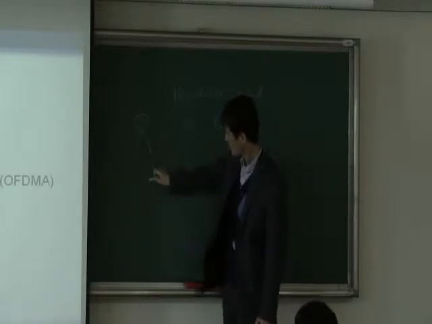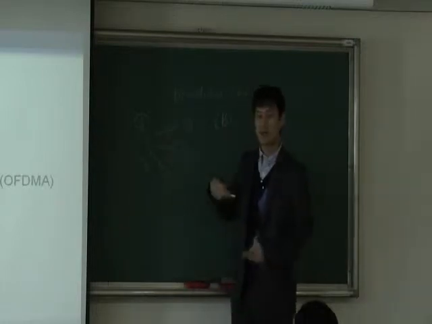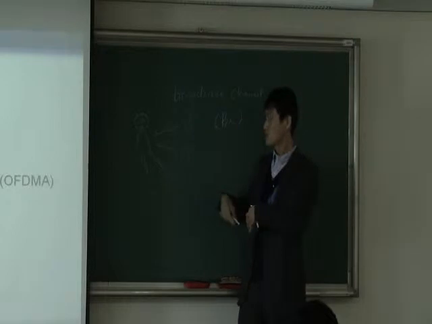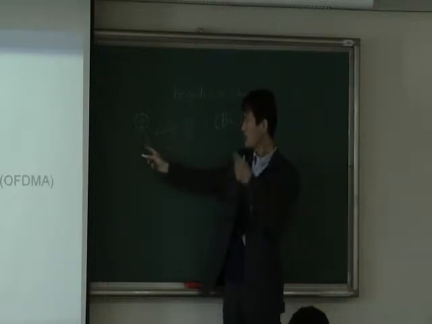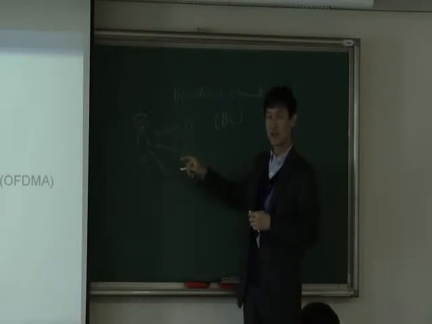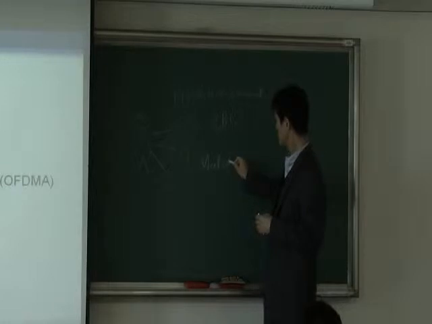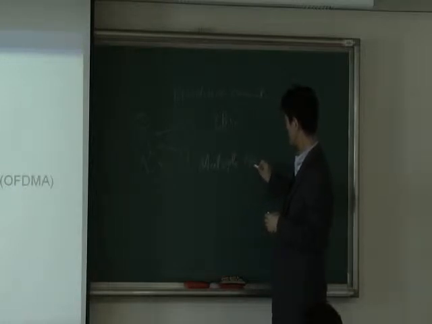Okay? So that's called the downlink. The other way, this is uplink. Okay? Everyone just transmits to the base station. So this is an uplink case. This kind of channel is called multiple access channel. They shorten it to MAC.